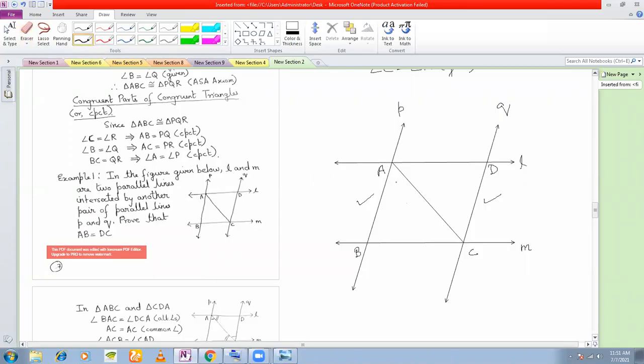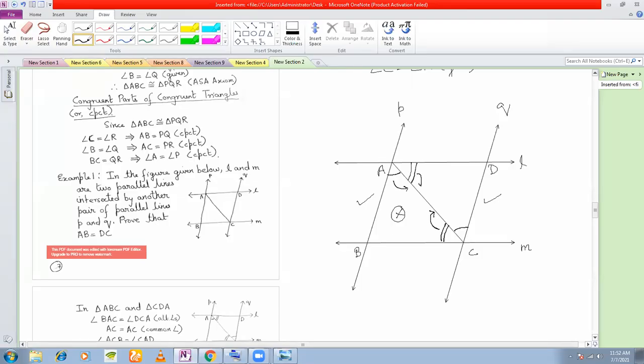First of all, what can you say? You can say that this angle here is equal to this angle here because they are alternate angles. Also, you can say this angle here in this triangle is equal to this angle here in this triangle, alternate angles, right? Also, this is the included side of the two angles in this triangle.